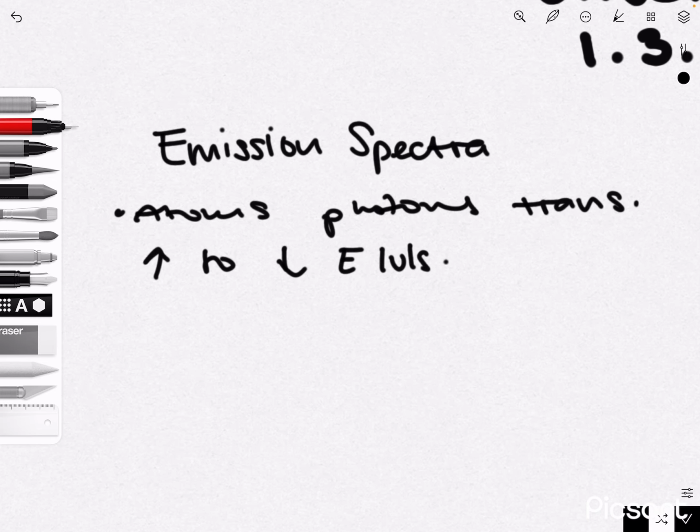And a way to understand this is looking at emission spectra with the electromagnetic spectrum, so the EM spectrum.